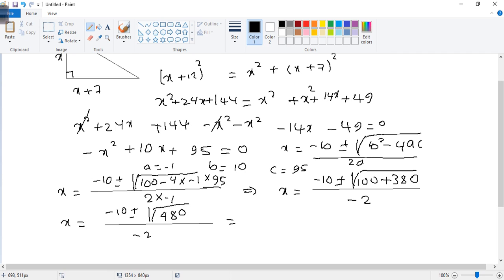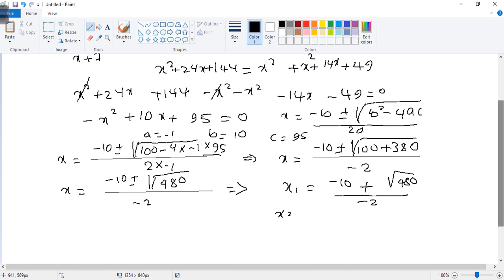That will lead to x1 equals minus 10 plus square root of 480, go straight away to the calculator, divided by minus 2, and x2 equals minus 10 minus square root of 480 divided by minus 2, and these are the two roots of the equation.